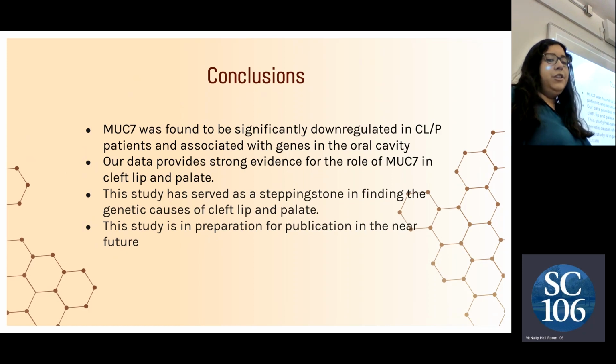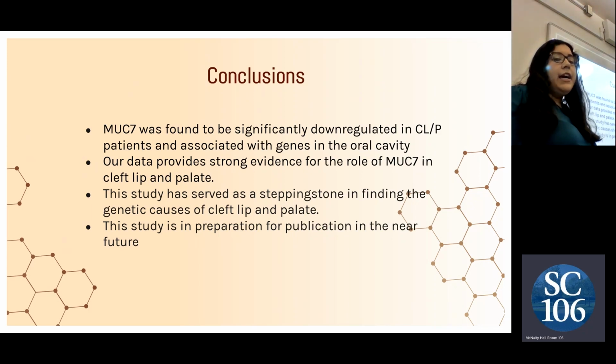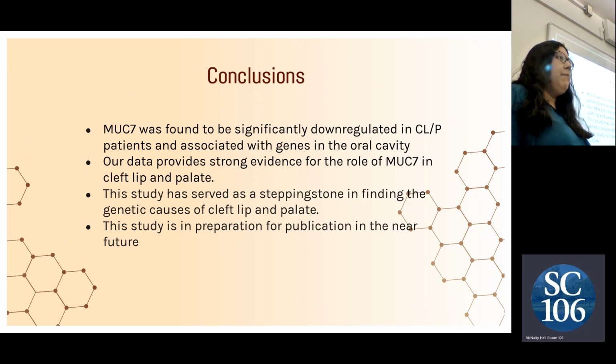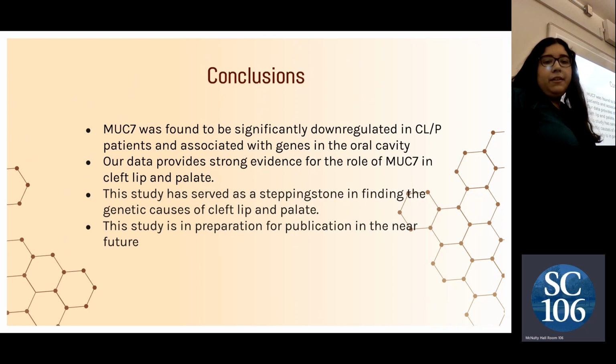In terms of our conclusions, MUC7 was found to be significantly downregulated in cleft lip and cleft palate patients and associated with genes in the oral cavity. Our data provides strong evidence for the role of MUC7 in cleft lip and palate. As you can see in our previous slides, we found that it was associated with genes in the mouth and also with our SNP, and it was significantly downregulated.